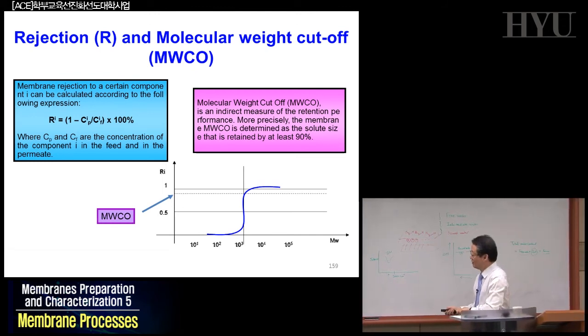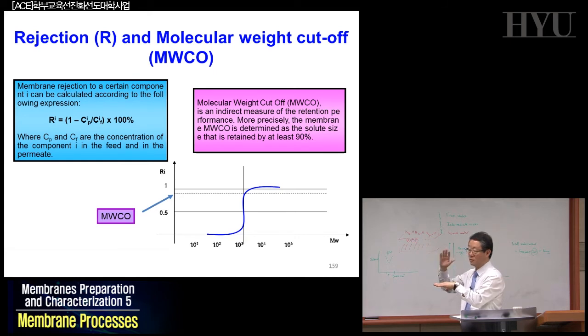So using at least 4 or 5 different molecular weights of water-soluble solutes, if you are using the Amicon cell or a dead-end filtration cell, you fill the feed with the solute and pressurize it at a given condition.